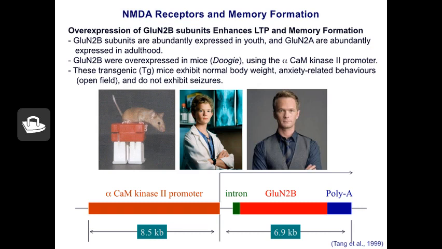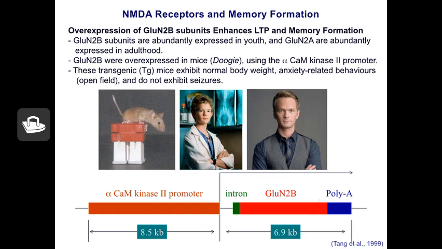The gene construct consisted of a CAM kinase 2 promoter with an extra copy of the GluN2B encoding region downstream from it. This takes advantage of the fact that CAM kinase 2 is abundantly expressed in neurons of the forebrain throughout life, or at least starting shortly after birth and then throughout life.